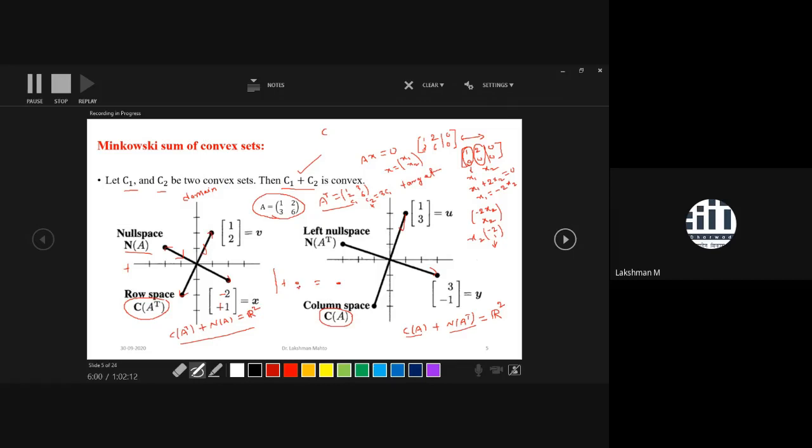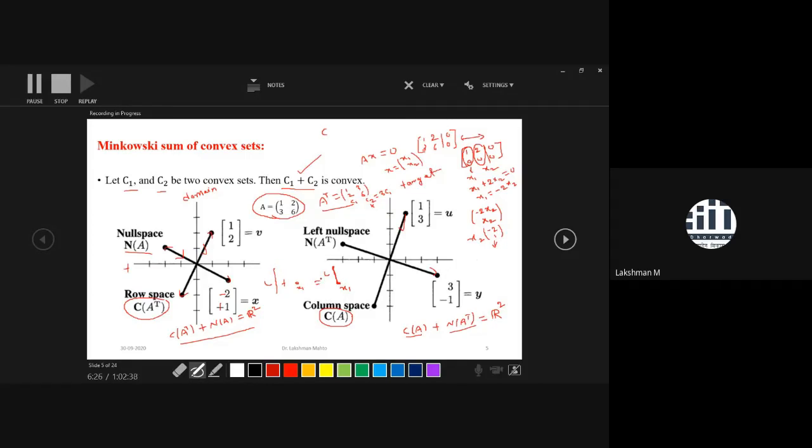Call this point x1, and this line L. So the sum of L plus this point x1 would be again a line, but remember that the starting point of the line becomes x1, and the terminal point would be x1 plus the last terminal point of L.